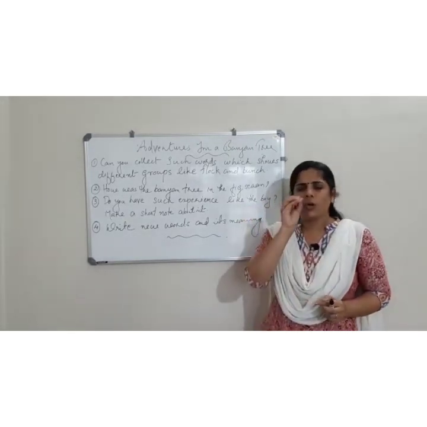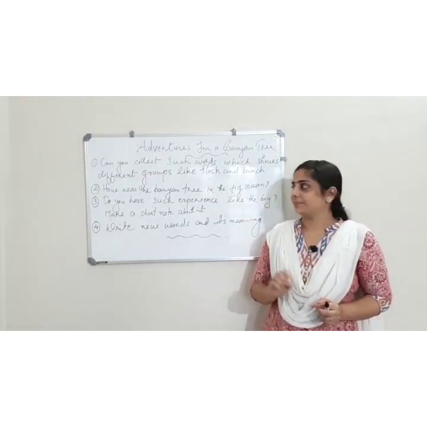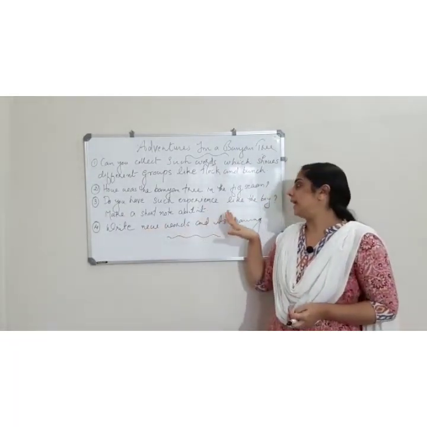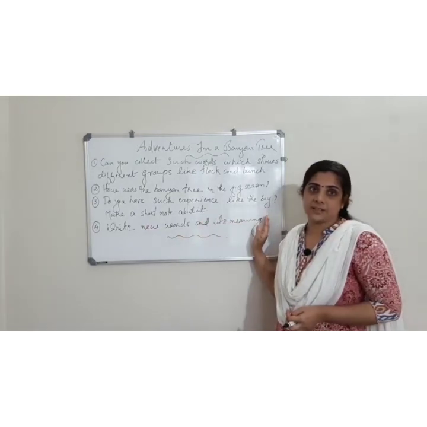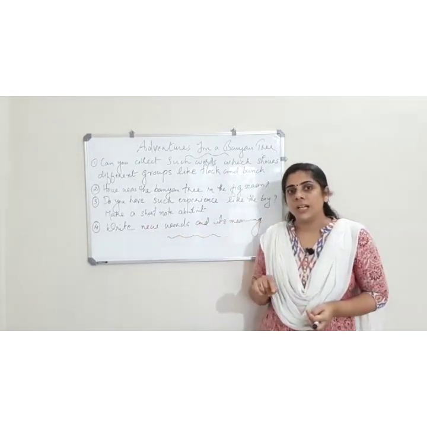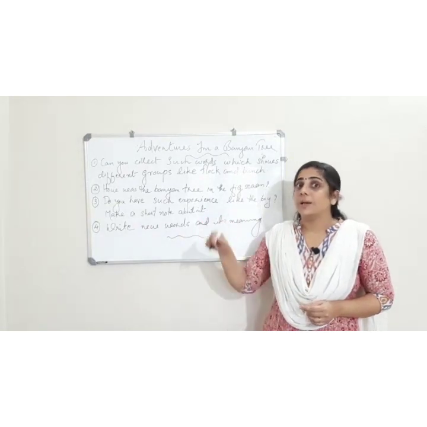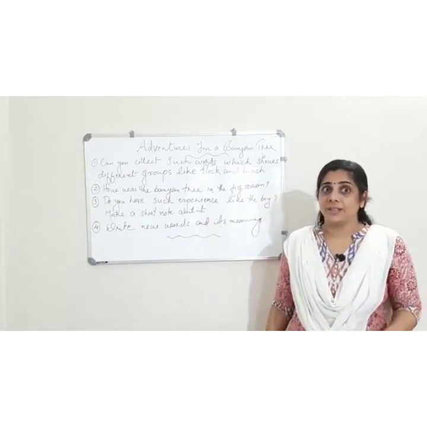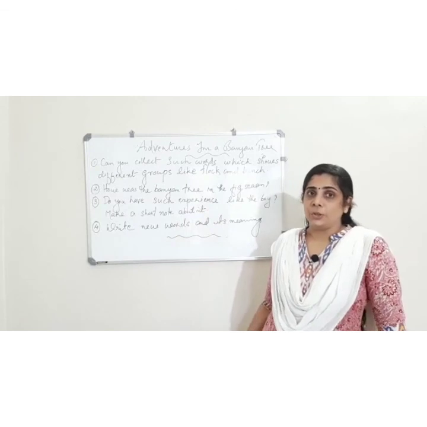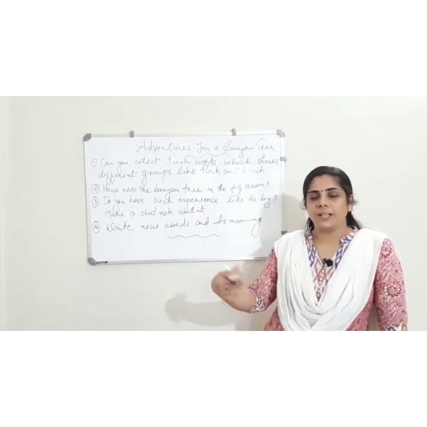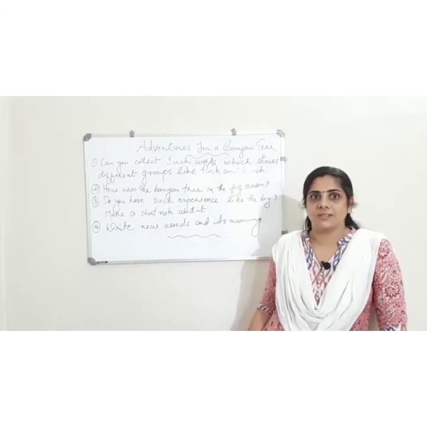Make a short note about it. The last one: write down new words and their meanings. Complete it today itself. Write down and complete the answers and be ready for tomorrow's class. Okay.